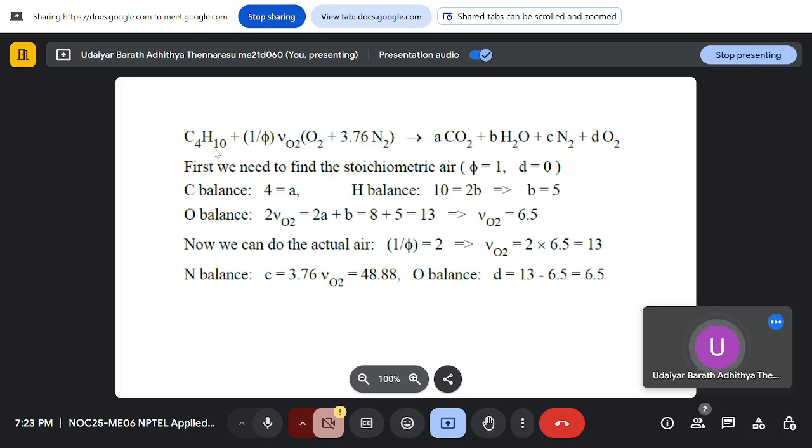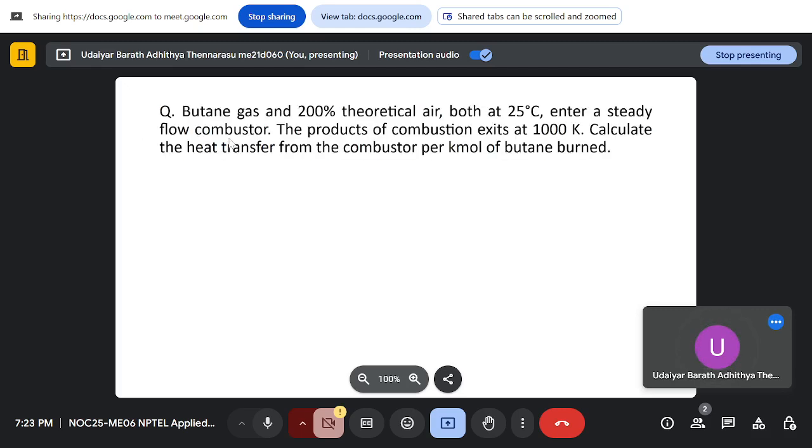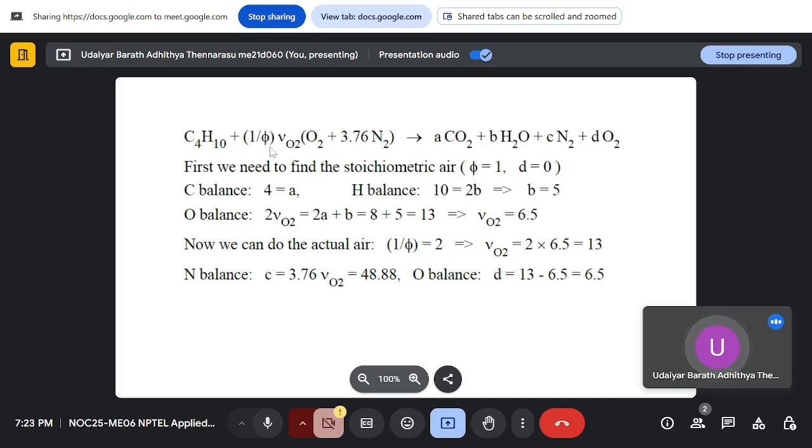So the butane reaction, with 200% theoretical air, is C4H10 plus 1 by phi, the equivalence ratio, into the number of moles of air used, O2 plus 3.76 nitrogen, equals A CO2 plus B H2O plus C N2 plus D O2.